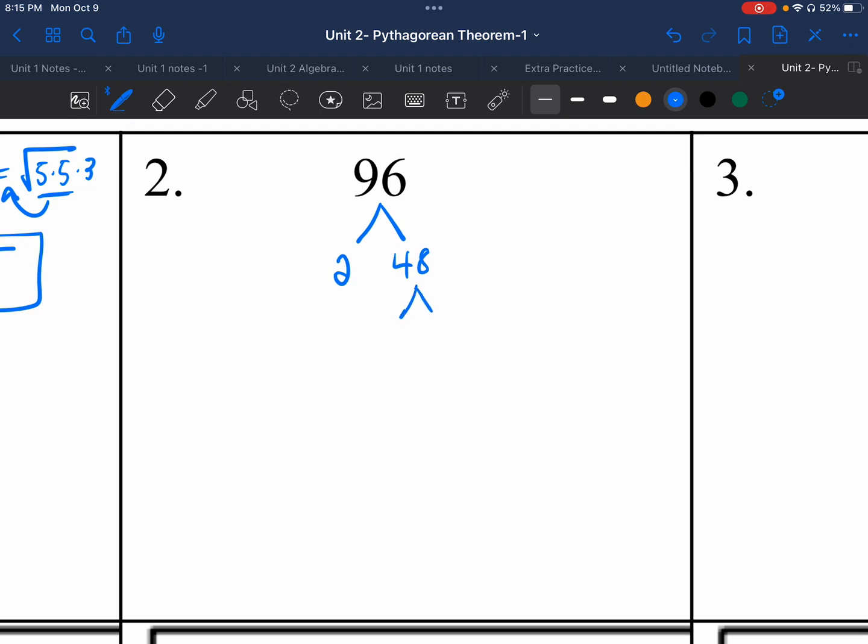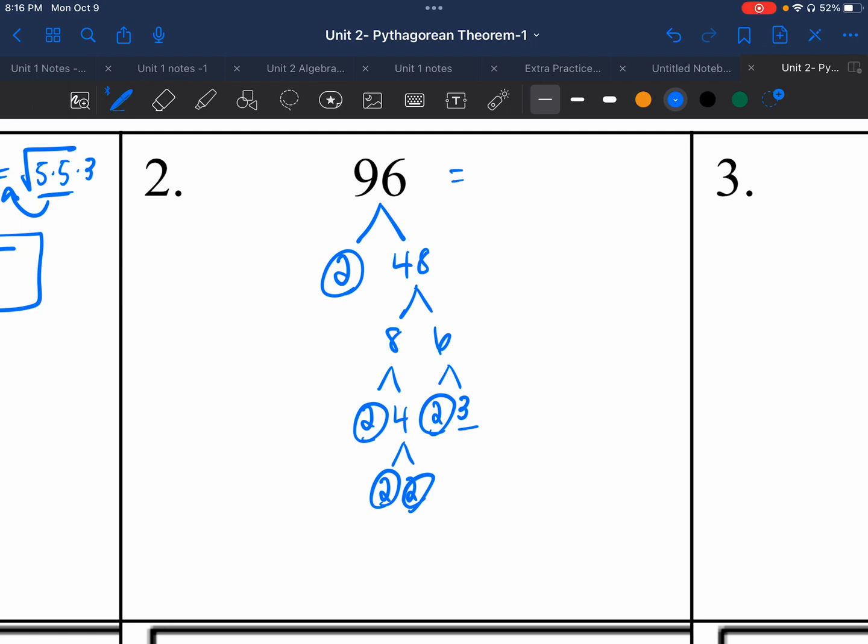Look at that, 48 is divisible by 8 and 6, which can then be broken down into 2 and 4, 2 and 3. 4 can be broken down again into 2s. Look at that, I have a lot of common factors here, and 1 that's not.